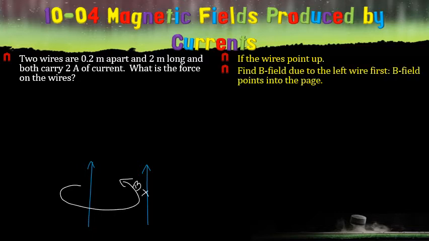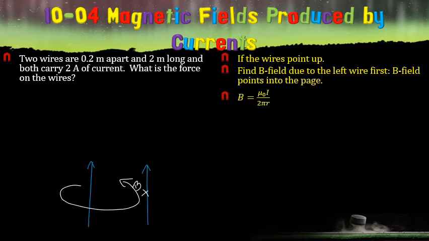So I find the magnetic field due to the left wire where the right wire is. You can grab that left-hand wire, thumb pointing up, your fingers will curl around, and over there by the other wire, it'll be going into the page. So my magnetic field on the right-hand wire is going into the page.